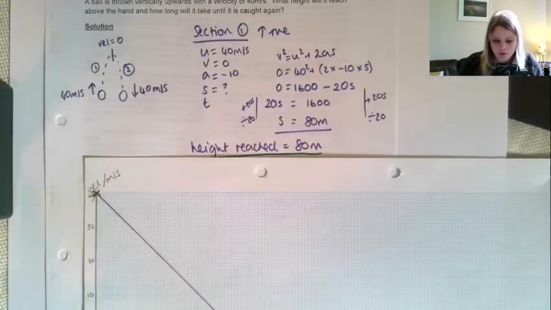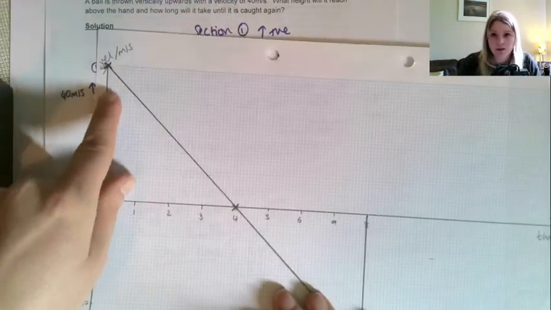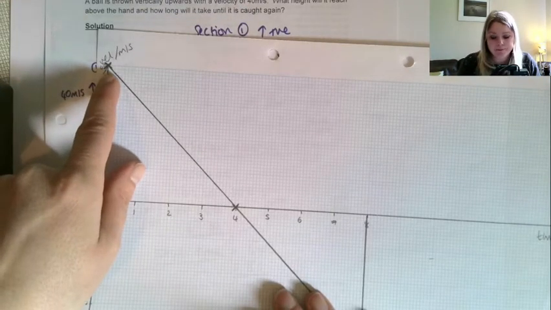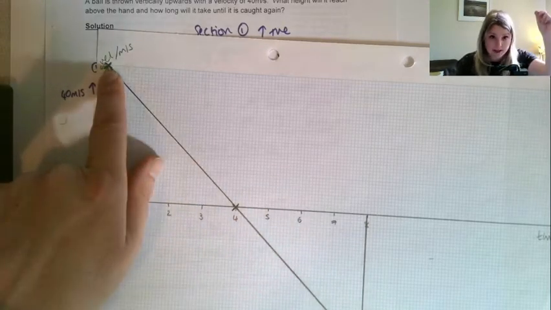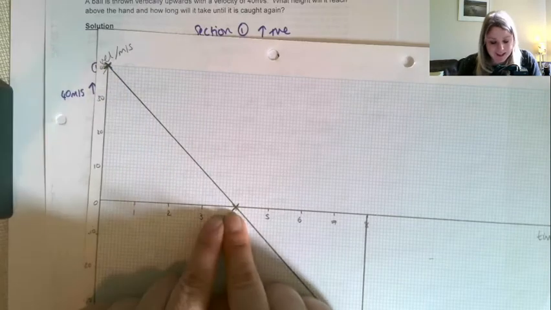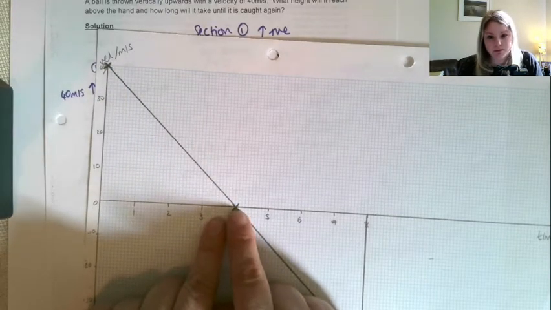Now, if we refer back to this question, our initial velocity was 40. So at a time of 0, our ball has a speed of 40. We just figured out that it took 4 seconds to reach up to the top, and at the top its velocity is 0, so that's how we knew that point.